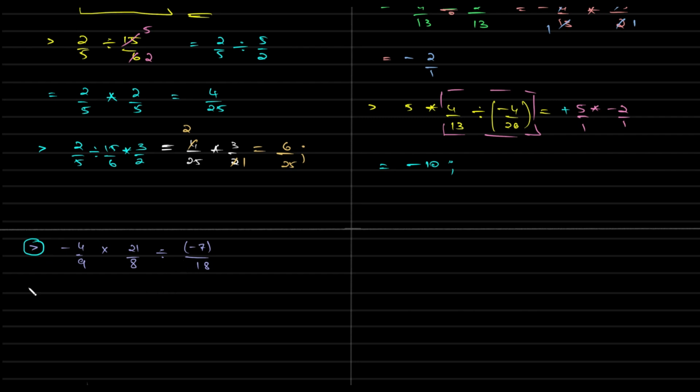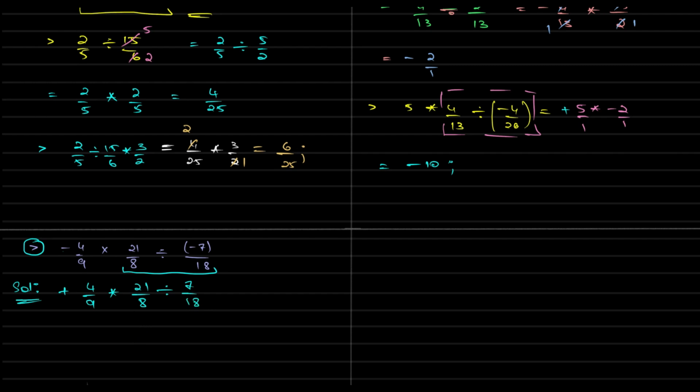So before I shut off, I would like to handle the negative off. I know we can shut off with considering this, but let me do one more thing. We know that negative divided by negative, or whatever is happening over here, will result in positive. So we can change the question to positive 4 by 9 into 21 by 8 divided by 7 by 18.